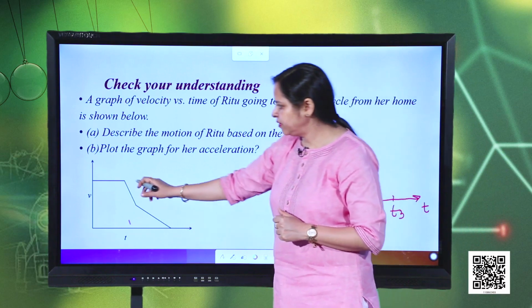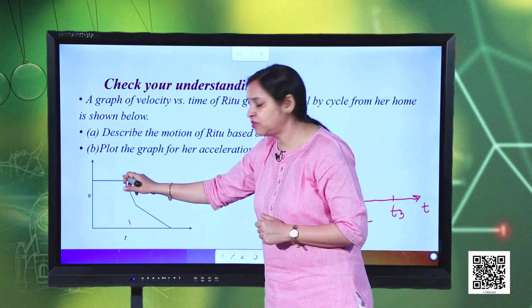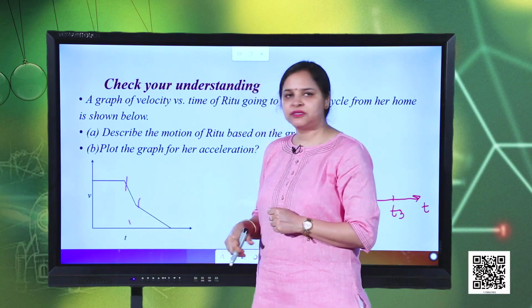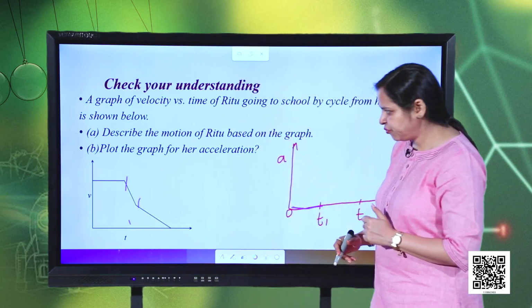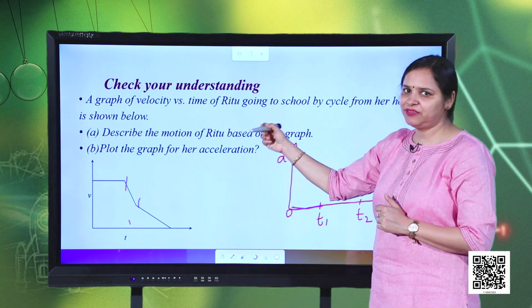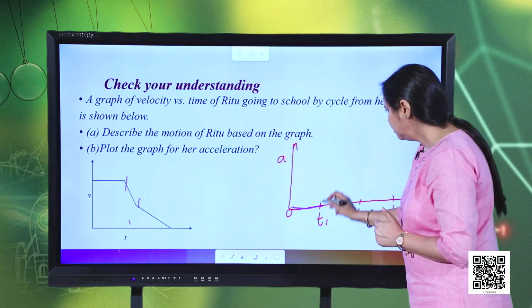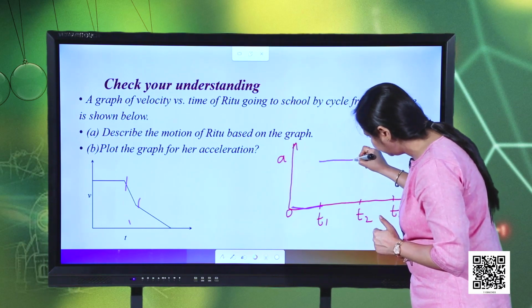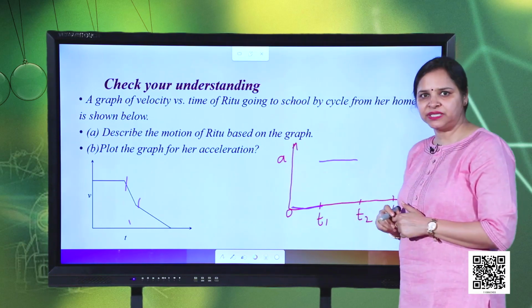Now, let us talk about the time duration t1 to t2. In this duration, acceleration is uniform. So, suppose I consider this to be the acceleration in this time duration t1 to t2.